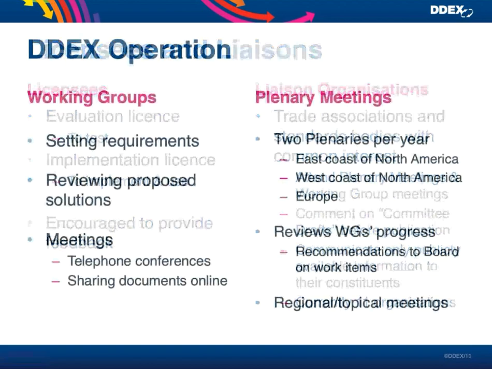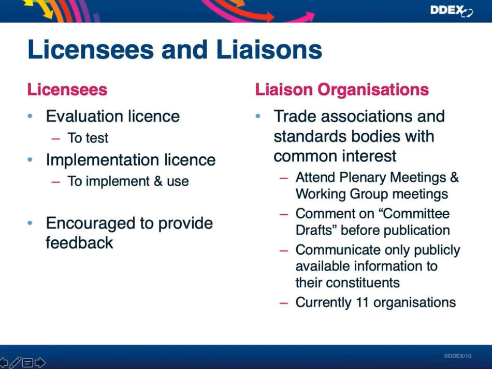We also have a category of companies called liaison organizations. These are trade associations and standards bodies, and they're basically a relationship to allow DDEX to communicate about what it's doing to a wider audience than just its membership.